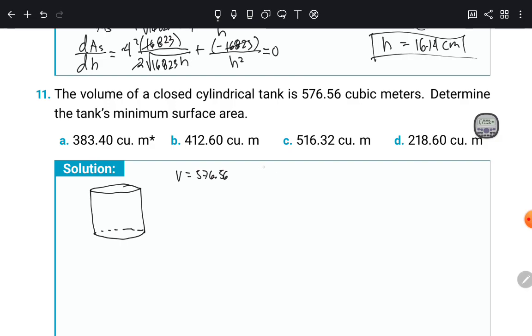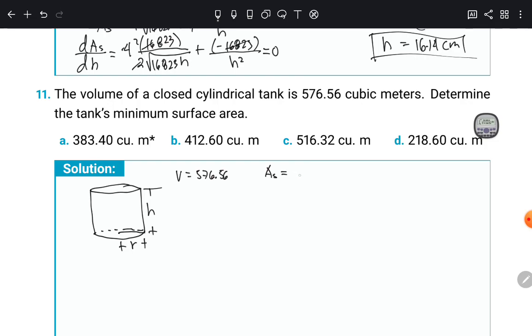So if I solve for the total surface area of this closed cylindrical tank, then I will be solving the lateral area, which is just equal to the circumference. If we spread that out, it's just a rectangle. The length is just the circumference of the circle. If we have here the radius r, then let's call the height h.